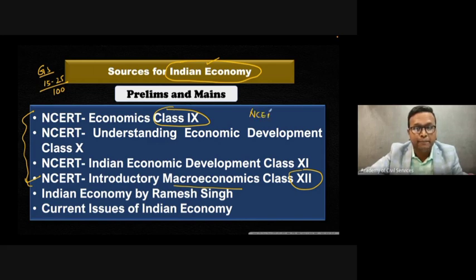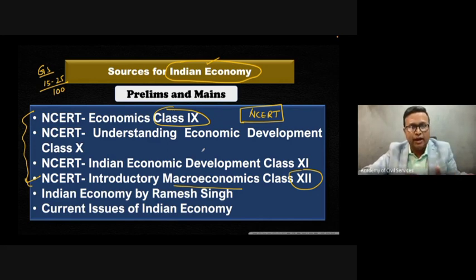NCERT books are prepared for school education from 1 to 12. Hence, from the NCERT books, we can definitely get our basic knowledge. You will have a base to answer some questions or many questions in civil services using NCERT.